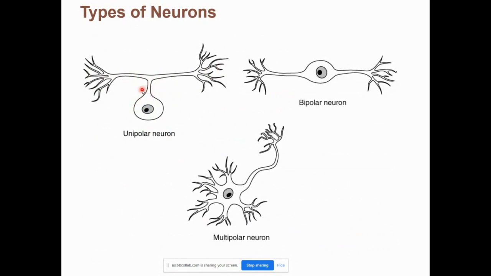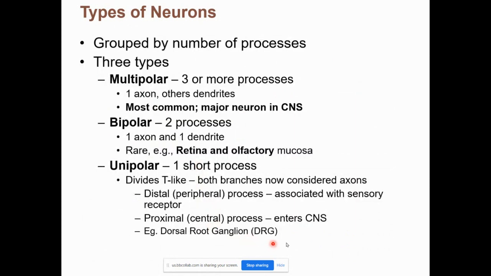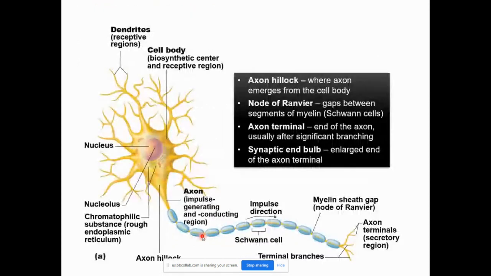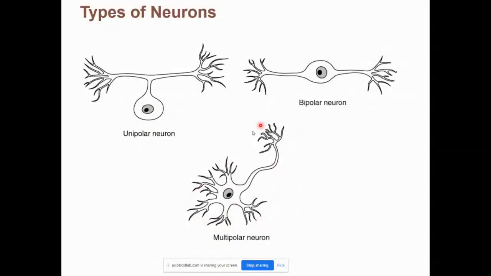So there's only one process on the cell body versus 2 here versus many there. So this is a unipolar, and there's only one real special location which we see in lab, and that's the dorsal root ganglion. If you're in lab, you should know what that is. Maybe not yet. If you're not in my lab, you might not have covered that yet, but those neurons happen to be unipolar, but most neurons in your body are these ones that we've been looking at, the multipolar type.